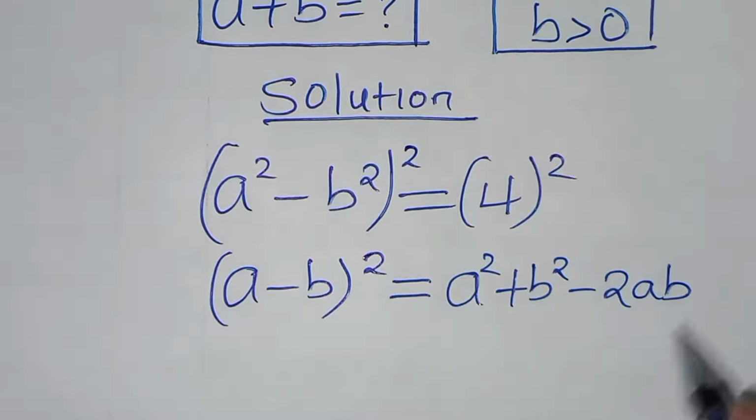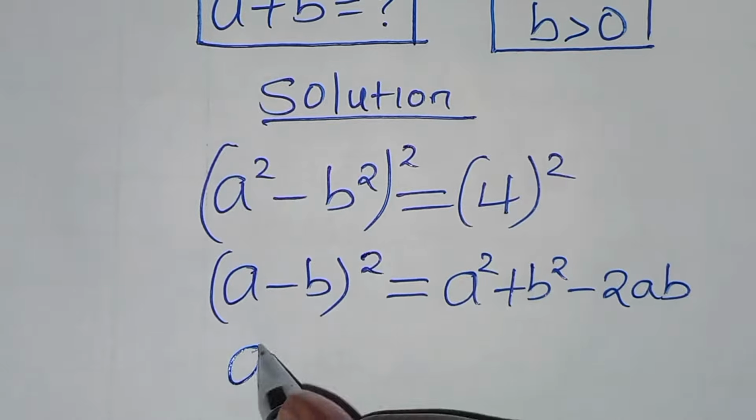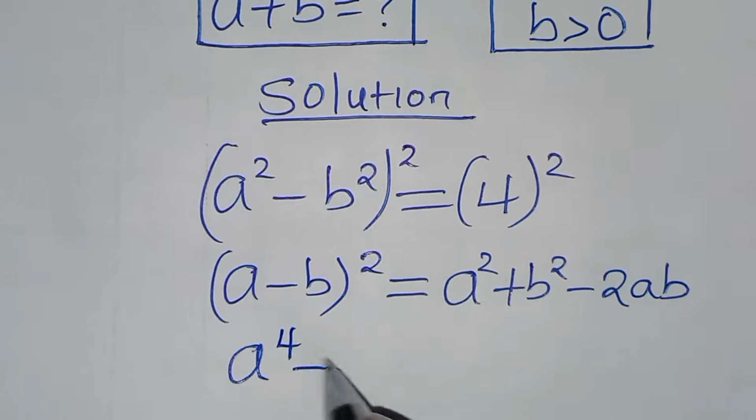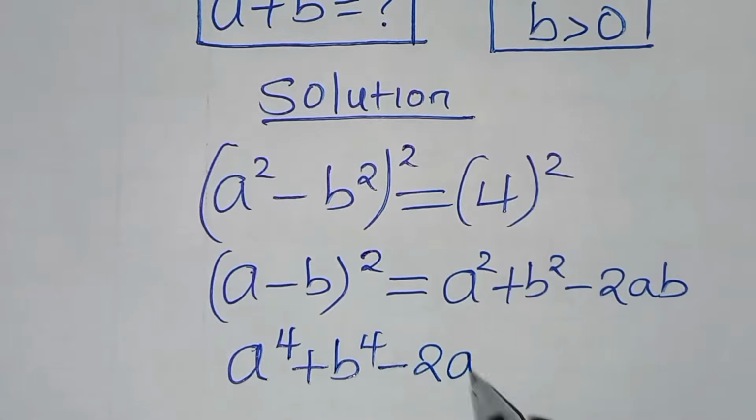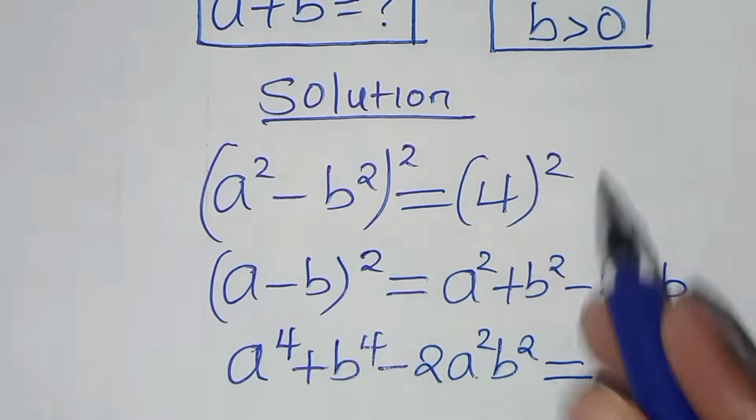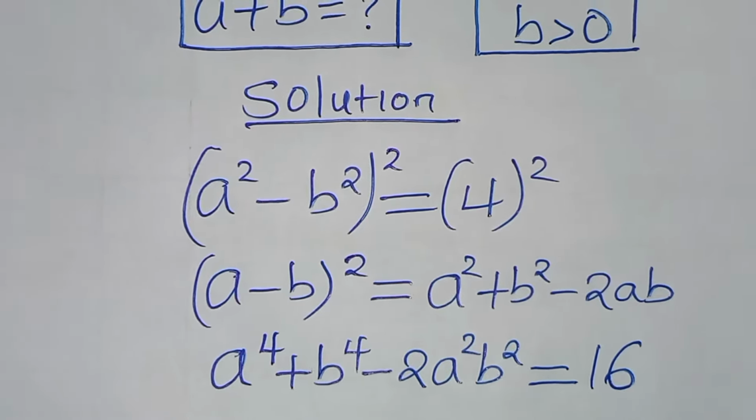Applying this algebraic identity, we have a to power 4 plus b to power 4 minus 2 times a squared multiplied by b squared. This is equal to 4 squared, which is 16.